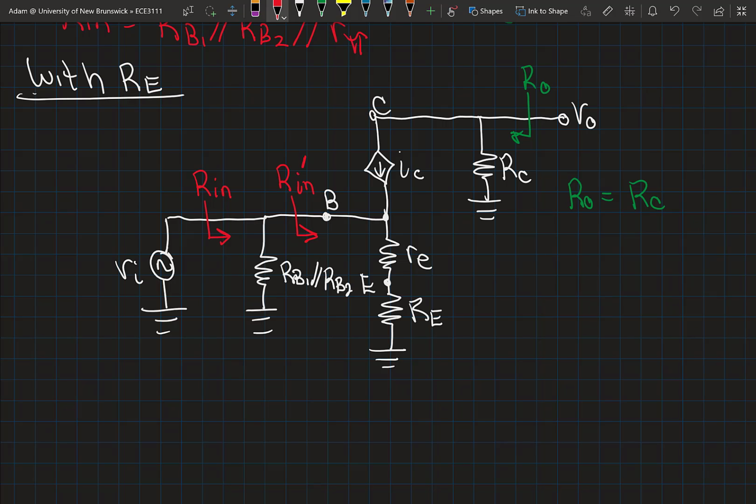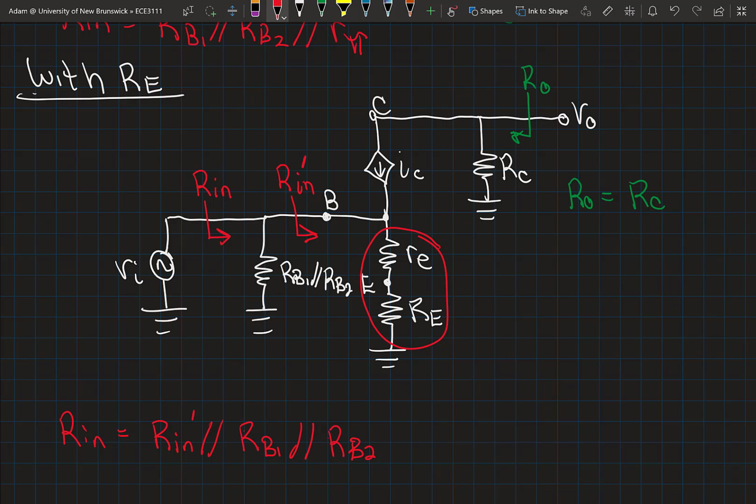At first glance I could say Rin is simply equal to Rin prime in parallel with RB1 and RB2, and that would be true. But what is Rin prime? Your first thought might be that it's just equal to the intrinsic emitter resistance plus RE.